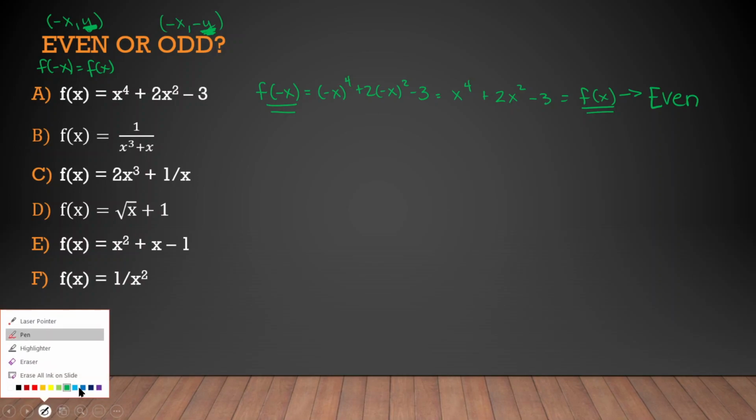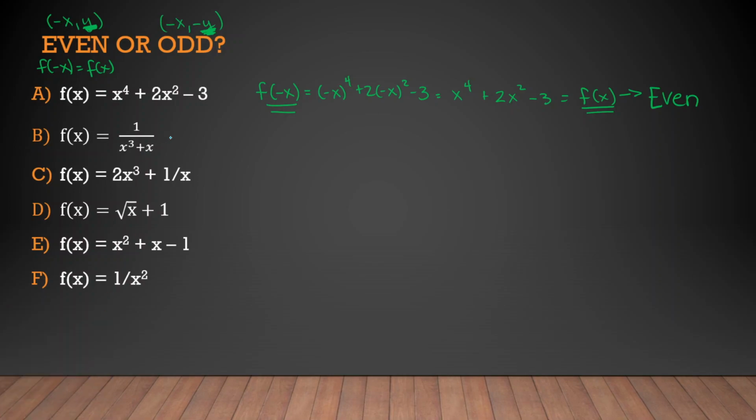Okay, so let's do another one. In this case, f of negative x is going to become 1 over negative x cubed plus negative x. So when I cube a negative, it becomes negative. And then this single negative. So what I ended up with is the exact opposite.